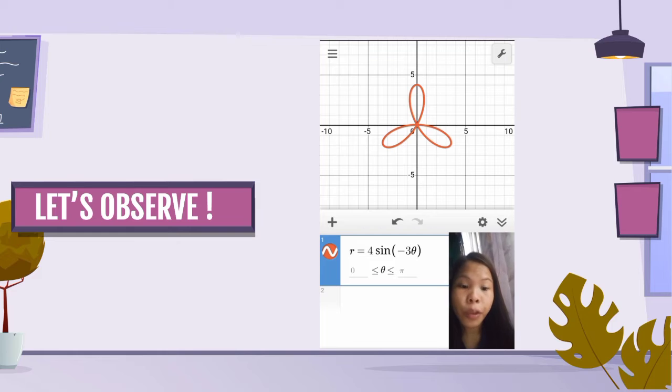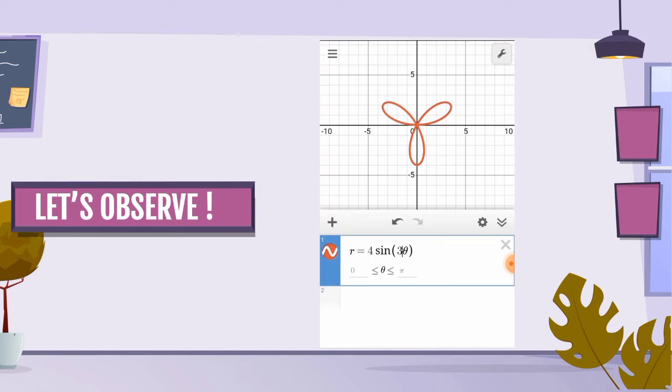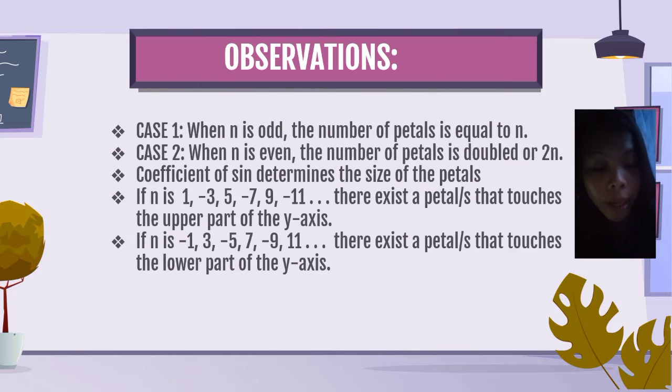And if we change our n into -1, 3, -5, 7, -9, 11, and so on, we can see that there exists a petal that touches the lower part of our y-axis. So if we change this -3 into 3, we could see that it really touches the lower part of our y-axis. I am now done with my test.